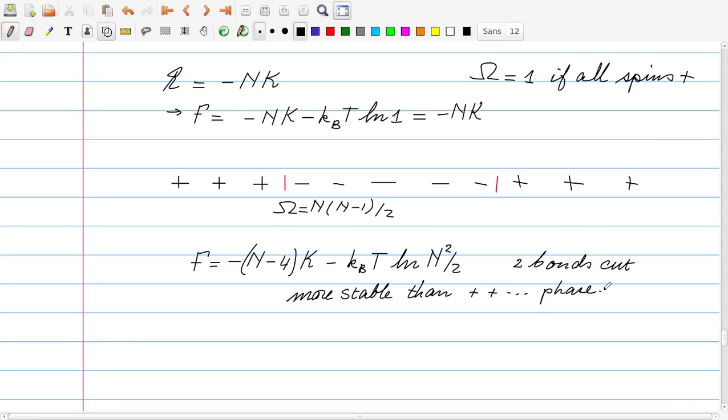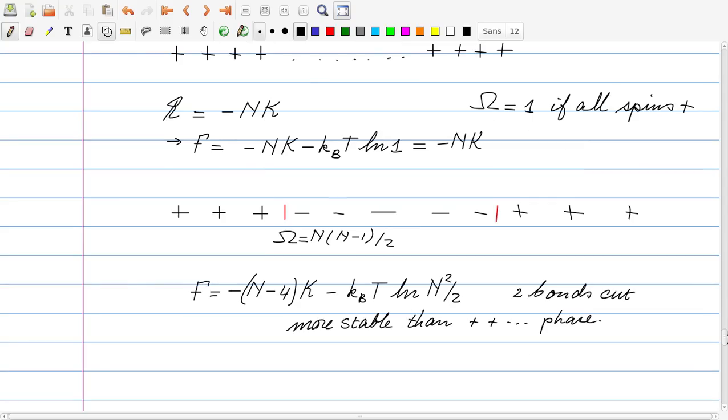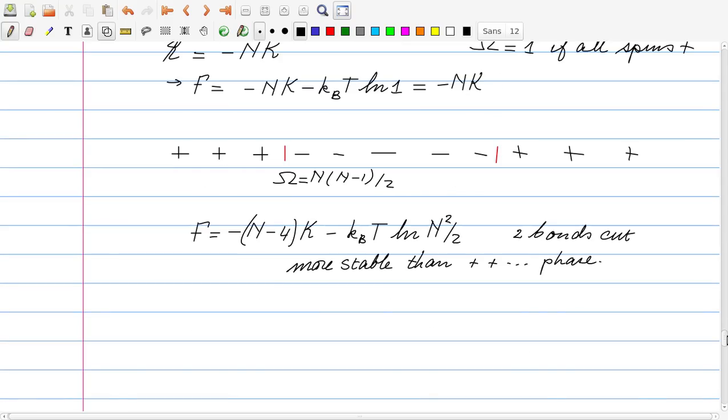And if we look at the magnetization in the plus phase, everything is plus. In this case, on average, because these bonds are placed wherever we want, there is no magnetization, and so we see that the phase without any magnetization is more stable than the phase which has a definite magnetization. And so at any finite energy, if the chain is long enough, this phase will be more stable.